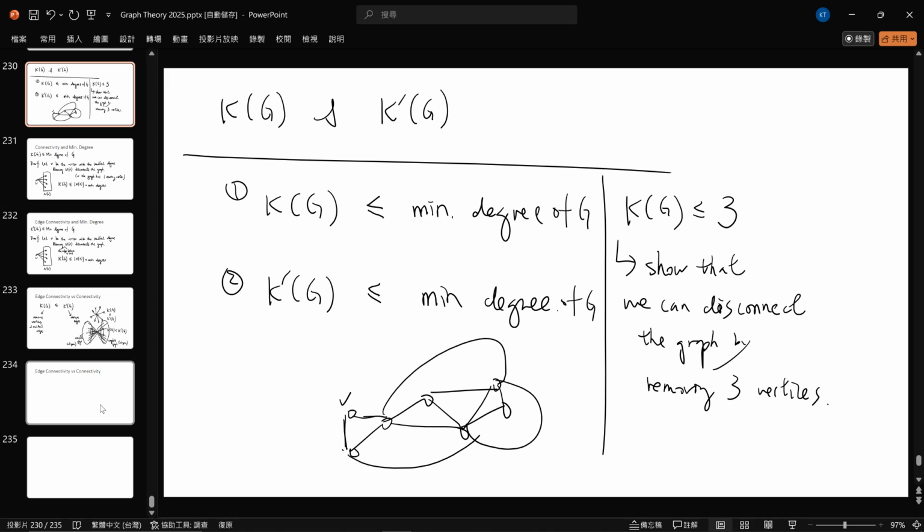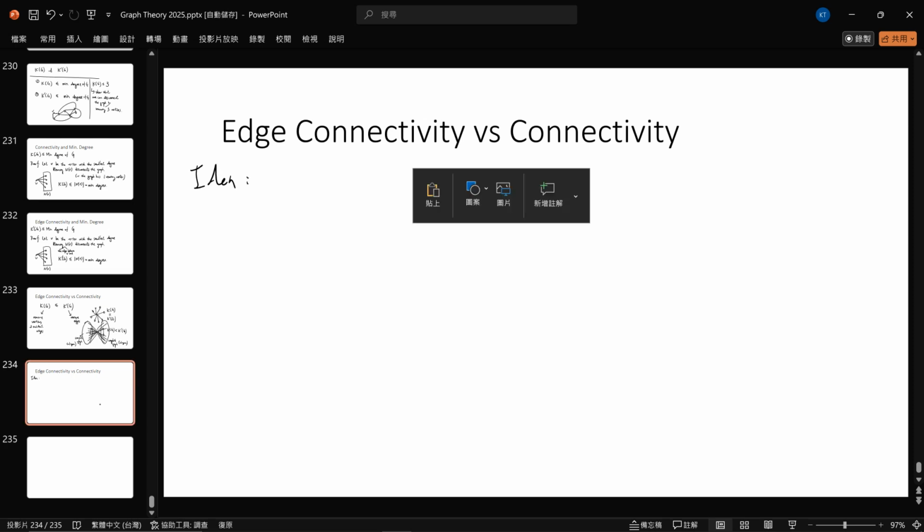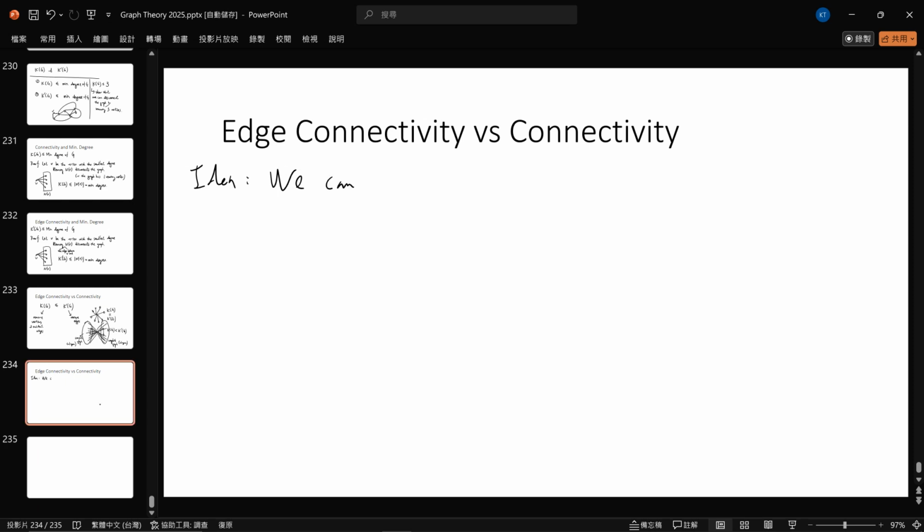So we need to show that we can disconnect the graph by removing kappa prime G vertices. If we can do this, we finish the proof.